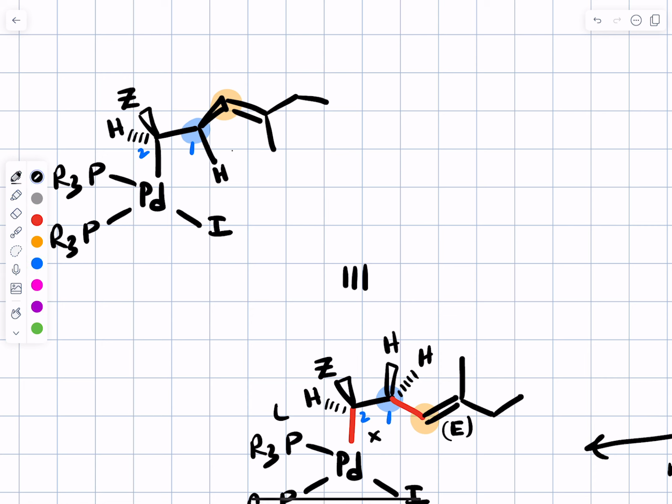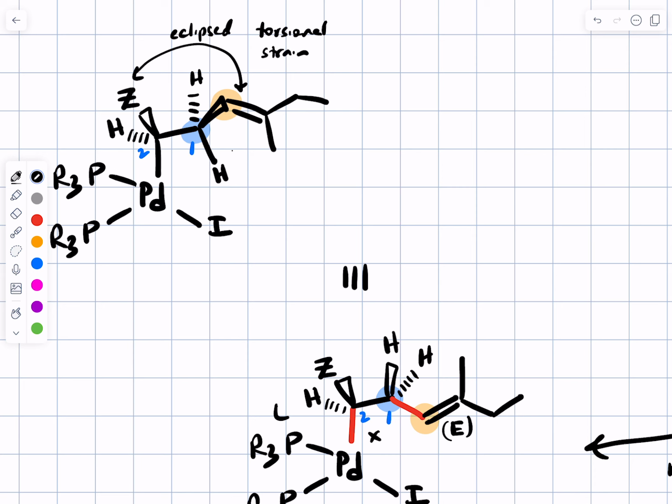In this conformation, one of the two hydrogens is now syn coplanar with the carbon, this CH bond is syn coplanar with this C-Pd bond. But notice in this conformation, these two groups, the Z group and the vinyl carbon, are eclipsed. So that is introducing some substantial torsional strain.